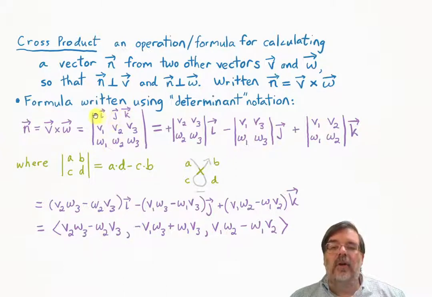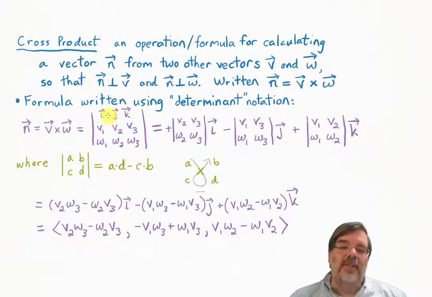Along the top row, I'm going to write the standard basis vectors i, j, k for 3-dimensional space. Right? We mentioned these when we first started talking about vectors in 3D. These are the unit vectors which point along the x, y, and z axes. So i is the vector 1, 0, 0, j is the vector 0, 1, 0, k is the vector 0, 0, 1.